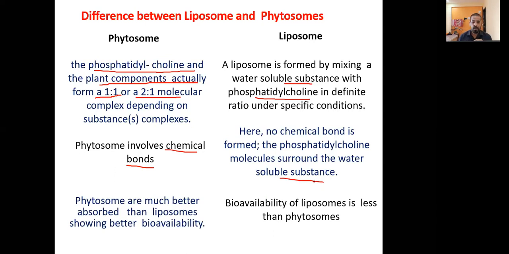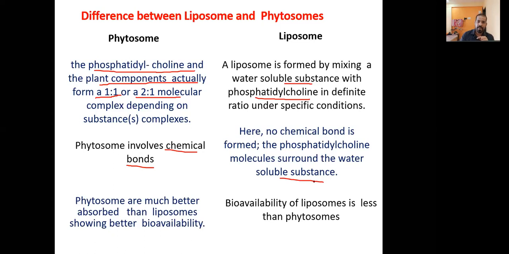Phytosomes show much better absorption than the liposome, and because of that they show better bioavailability. The reason behind that is the involvement of chemical bonding, and the bioavailability of the liposome is less than the phytosome. Okay, so these are the major differences.